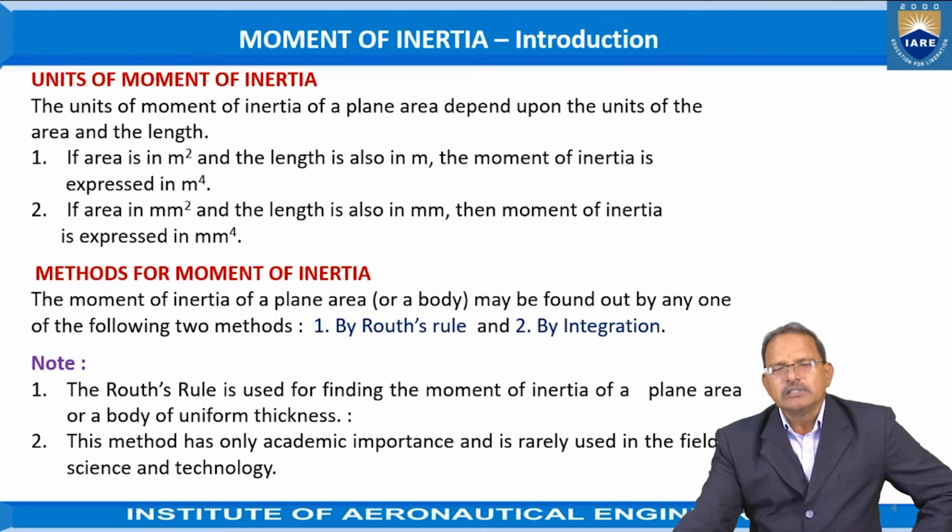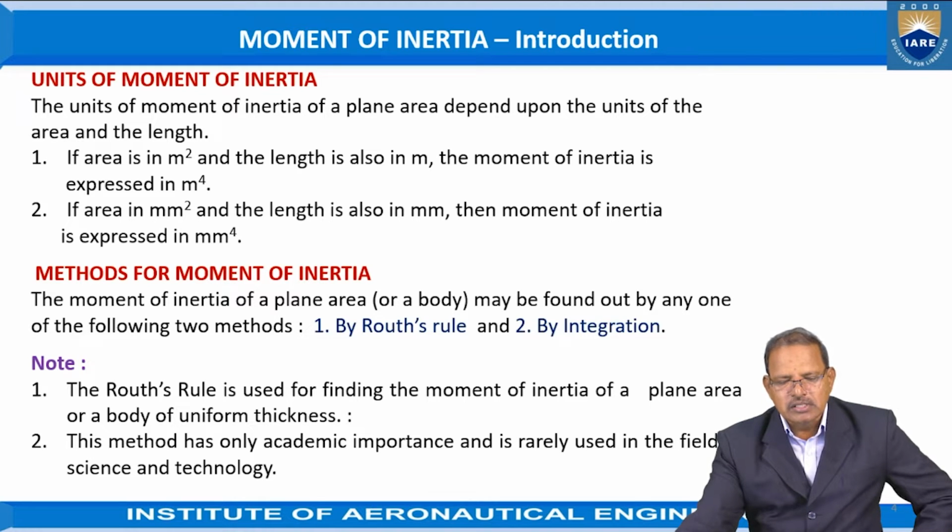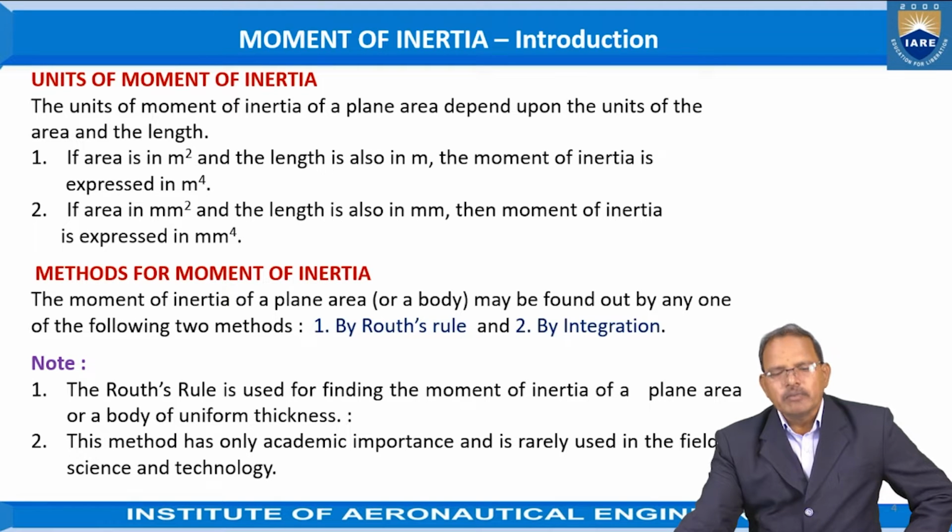The units of moment of inertia generally depend upon the units of area as well as length. Since the moment of inertia about any axis is the product of area multiplied by the square of the distance between the center of gravity and the reference axis, if the area is in meter square and length in meter, then the moment of inertia, area multiplied by the square of the distance, is equal to meter to the power of 4.